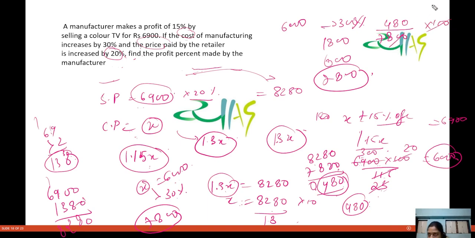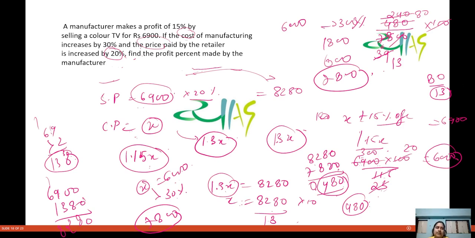So now we have to calculate from here what is the profit percentage. So let us divide this. 2 3s are 6, and 2 9s are 18, and this becomes 240. This becomes 13 and this becomes 80, and now this is 80 by 13.